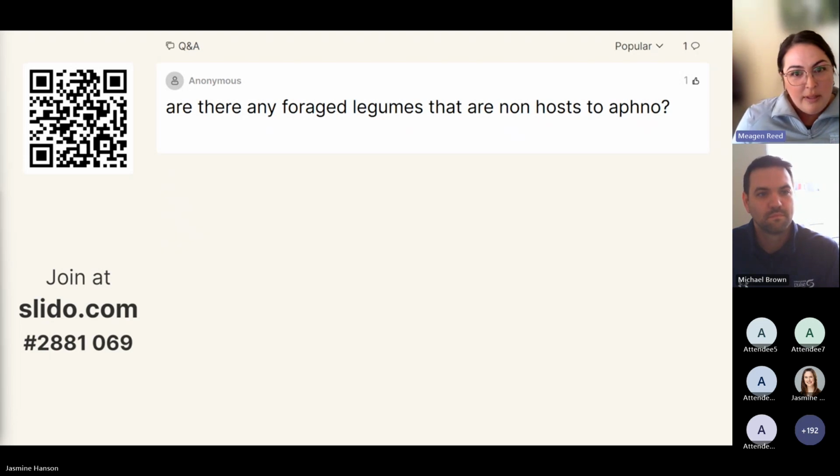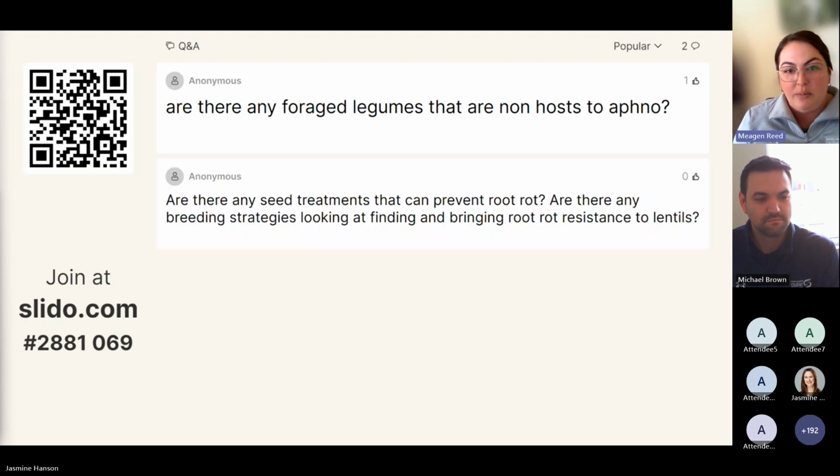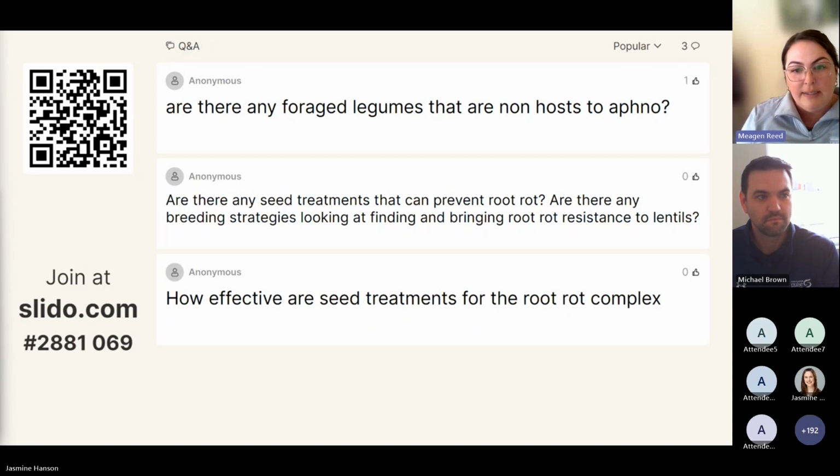One of them is the AREA app, the Aphanomyces risk evaluation app developed by Dr. Steve Shirtliff. It's an online forum. You can go in, find your field, and it will give you a risk assessment based on your crop insurance data and previous weather history data. So it's a really nice tool. And we have resources that we can send out after this as well, that has an assessment sheet to help make those decisions.